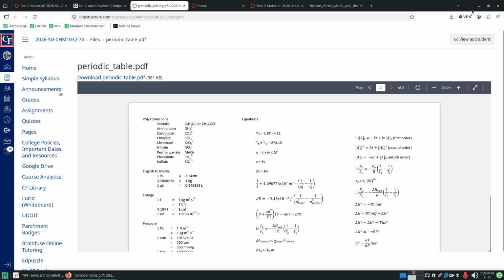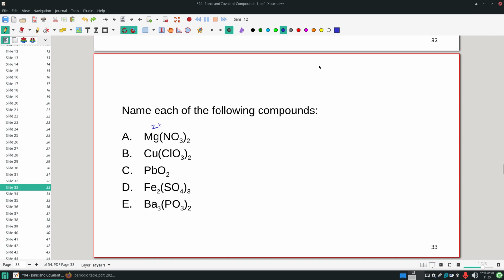That is nitrate. Now I wrote that +2, but the big thing to point out is, being that it is in group 2, when we're writing down the name, we're just going to write out magnesium. And there won't be a Roman numeral, because it's one of those that doesn't have the variation. So this is just magnesium nitrate.